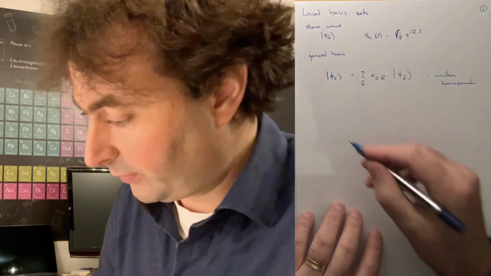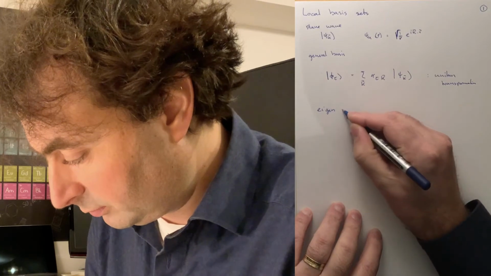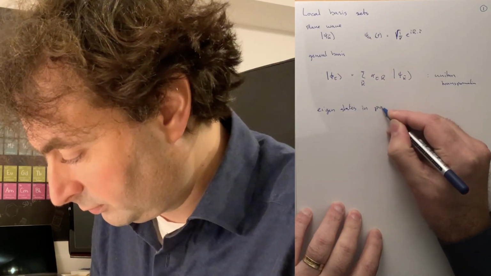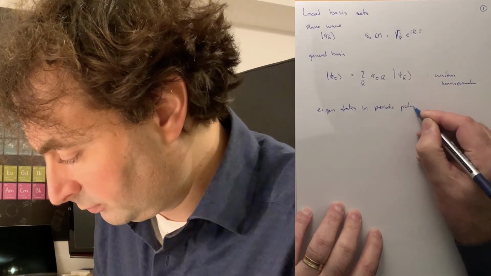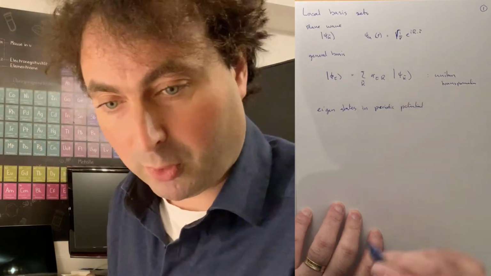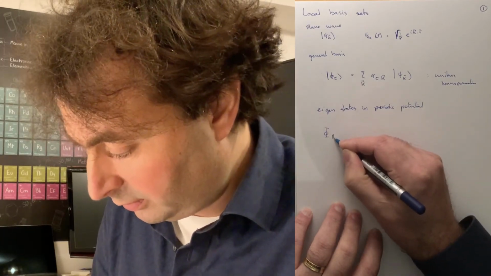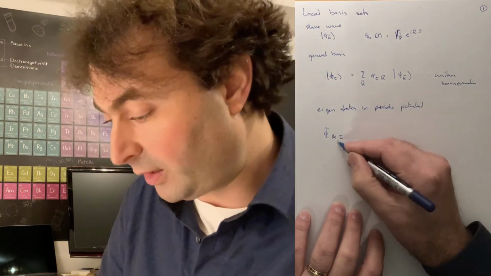We know that the eigenstates in a periodic potential are given by Bloch waves. So our eigenstates can be labeled by crystal momentum and an index tau.